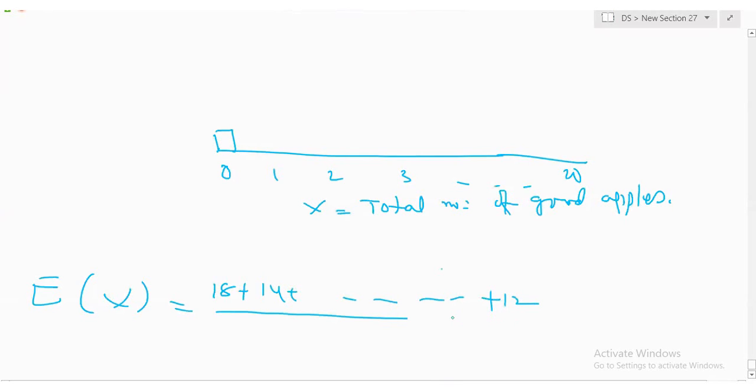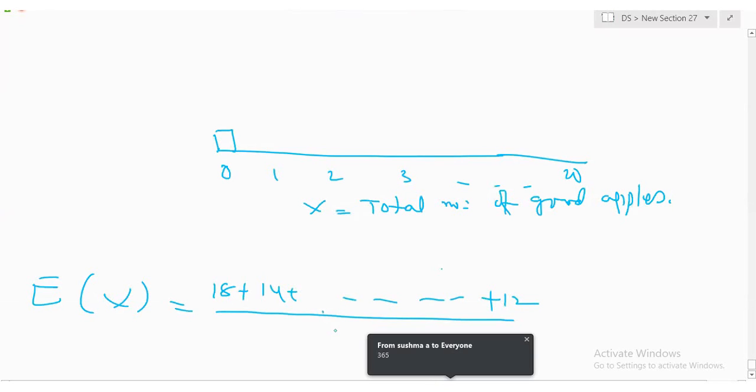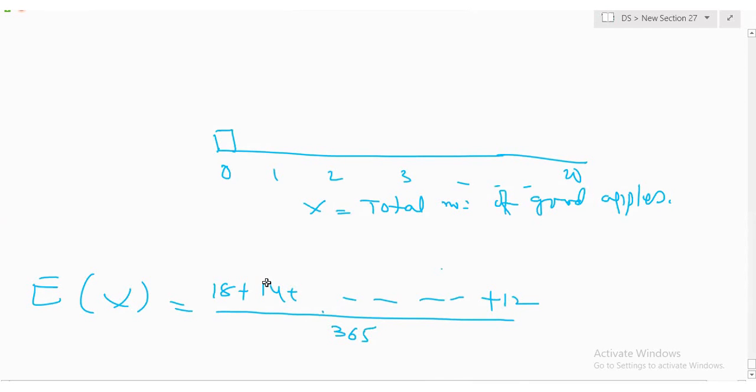Divided by how much? 365 or 20 into 365? 365 only, because you are adding the numbers in the numerator only 365 times, right? Yes or no? How much am I going to get?